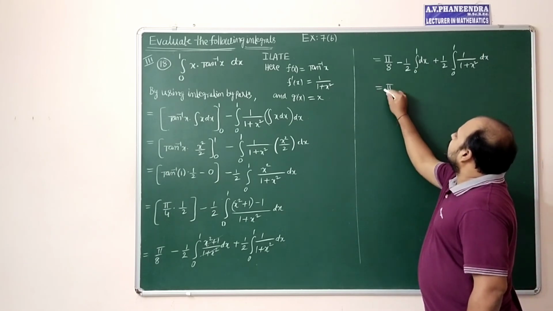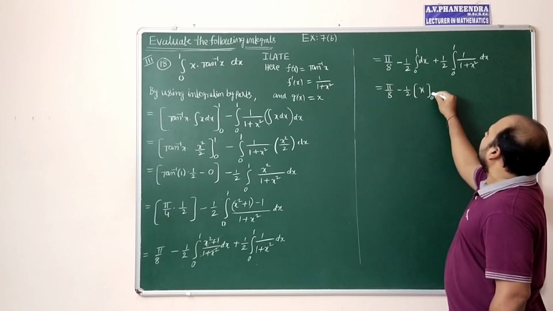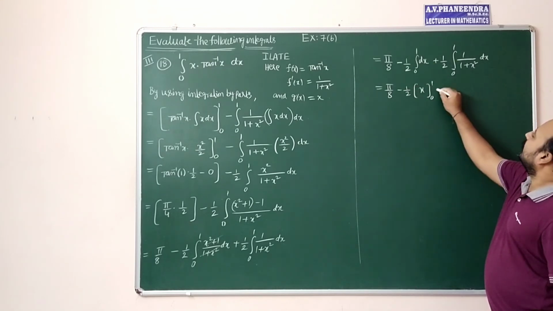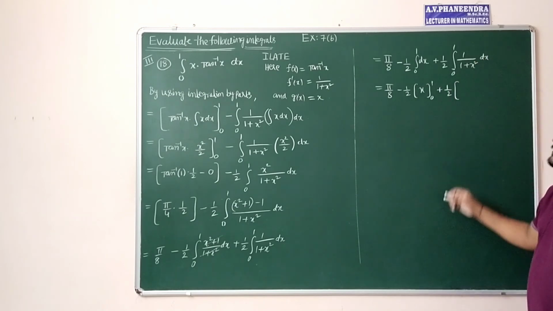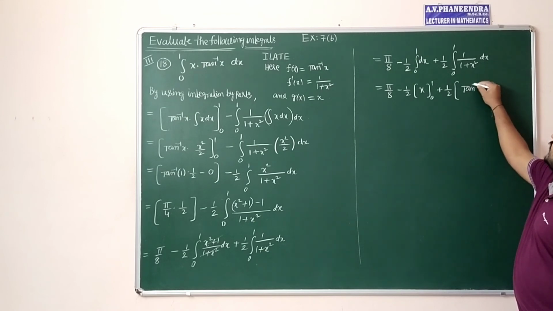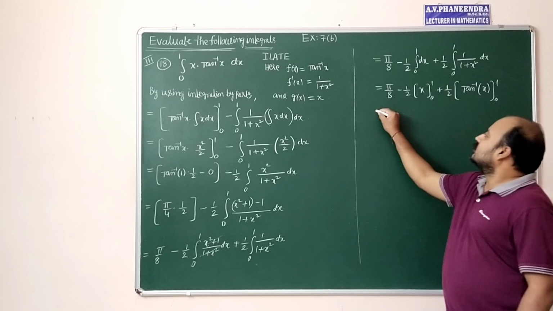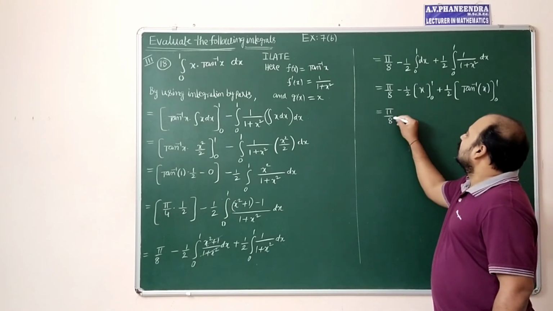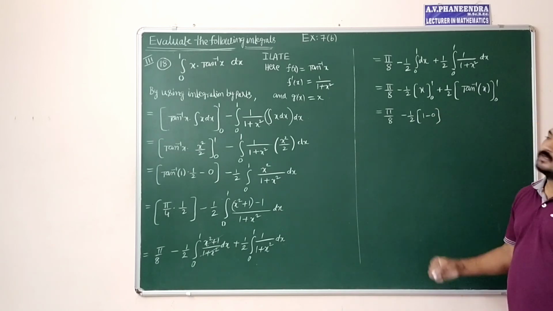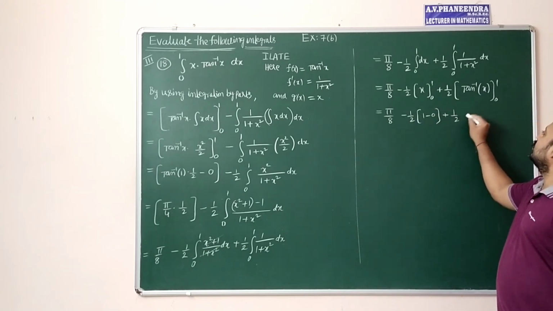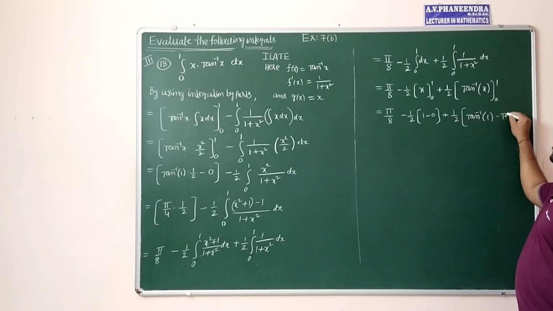Pi by 8 minus 1 by 2 into integral dx is x, applying the limit 0 to 1 plus 1 by 2 integral 1 by 1 plus x square is tan inverse x. So applying the limits, pi by 8 minus 1 by 2 into 1 minus 0, upper limit minus lower limit, plus 1 by 2 into tan inverse of 1 minus tan inverse of 0.